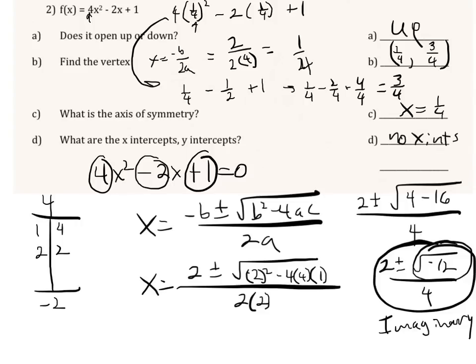The other thing you can notice is that our vertex right here is in the first quadrant, and we're pointing up. So if I were to draw that concept, let's see if I can erase some of this.